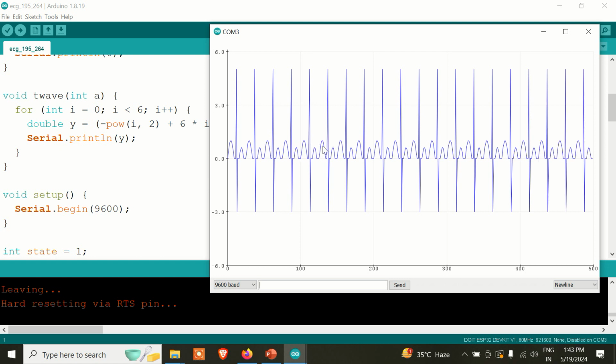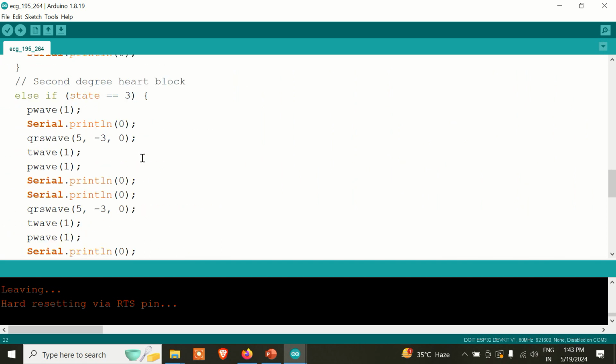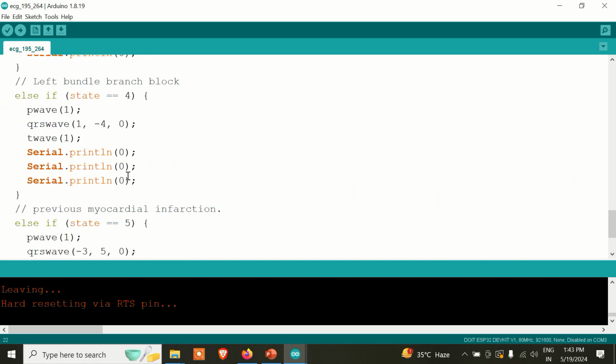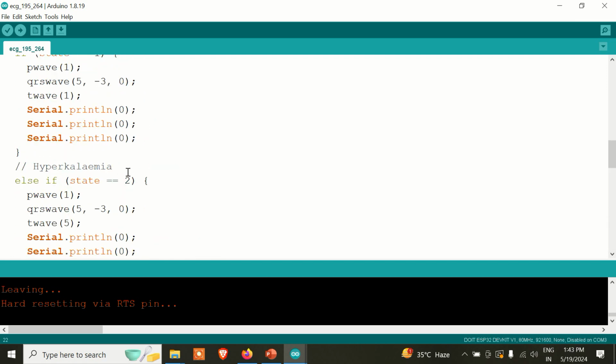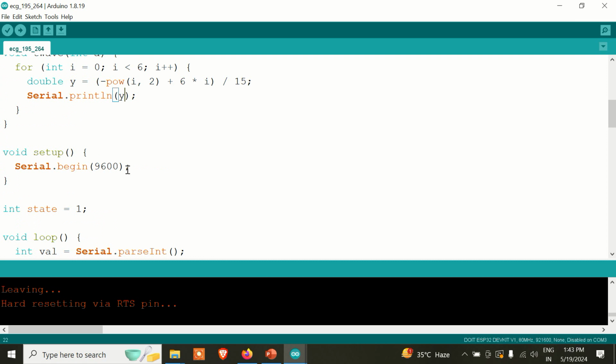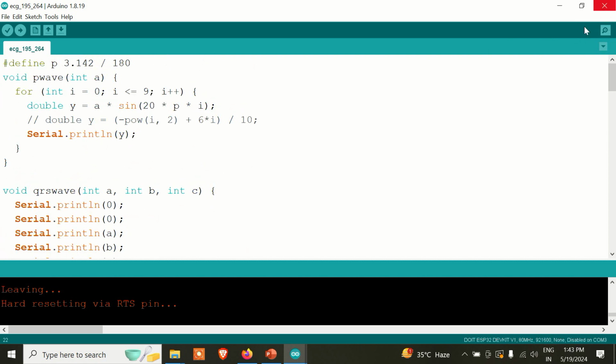So the PQRST of each is a signal. You have to write it mathematically by multiple shapes. Every shape has a different set of equations. That's how you have to model it.